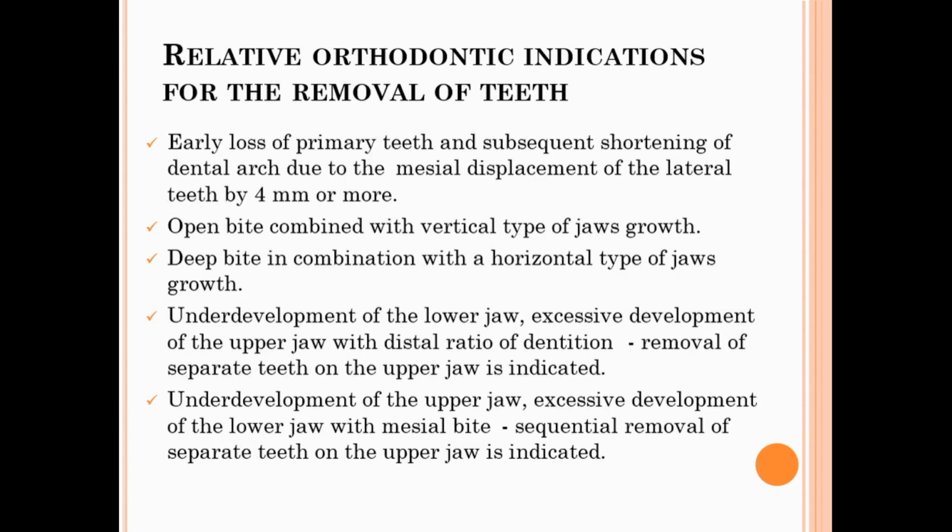Relative orthodontic indications for the removal of teeth. Early loss of primary teeth and subsequent shortening of the dental arch due to the mesial displacement of the lateral teeth by 4 millimeters or more. Open bite combined with vertical type of jaw growth.